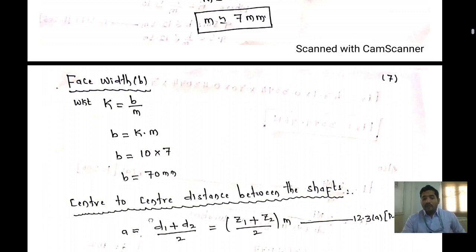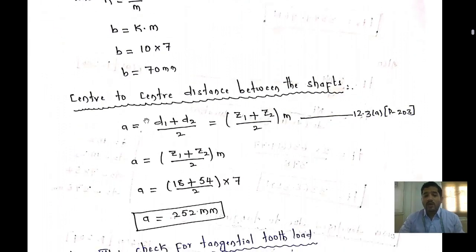Then after that, we need to find out the center distance between these two shafts. One is the pinion shaft, another one is the gear shaft. We need to find out the value of D1 and D2. So for that reason, we go for the center distance formula: A is equal to D1 plus D2 by 2.